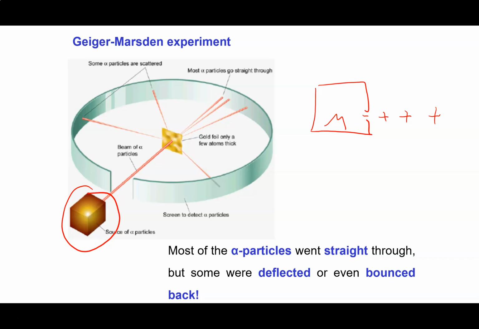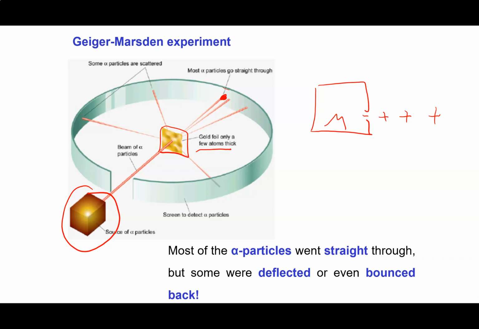He used zinc sulfide. He puts this in a circle around where the beam is coming through. And then in the center of that circle, he puts his gold foil that's only a couple of atoms thick. What he was expecting is 100% of the alpha particles would go straight through.